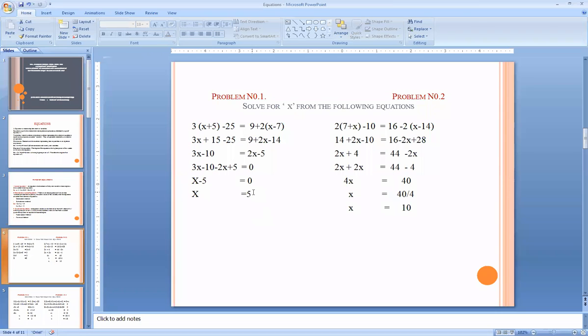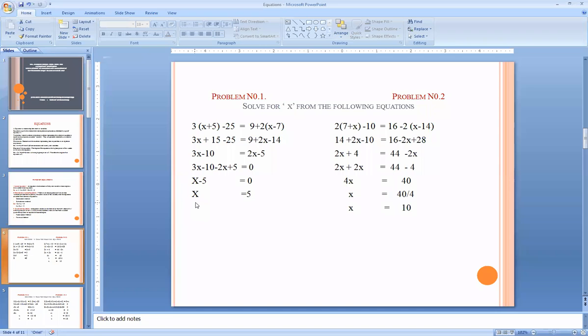In the same manner, if you shift from the right hand side, only in case of addition and subtraction, plus values will become minus on the left hand side, and minus values will become plus on the left hand side. Opposite signs, they are going to change into opposite signs. That is in the case of addition and subtraction. But it is not the same in case of multiplication and division.